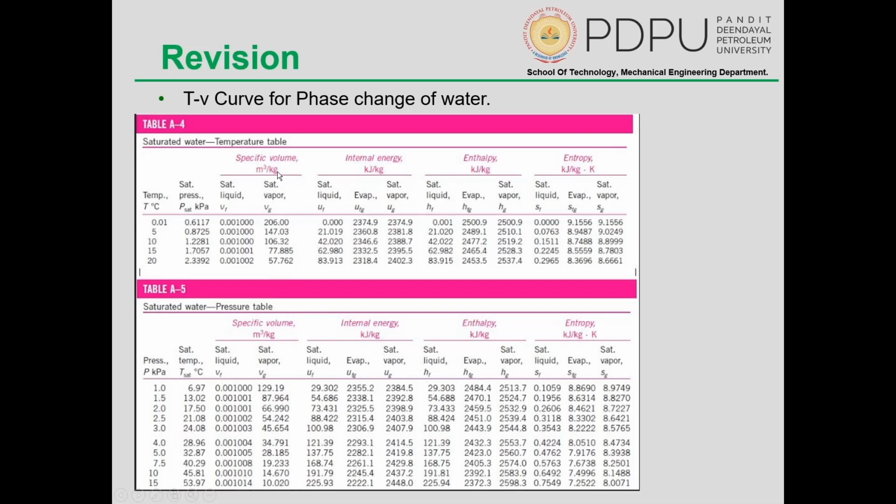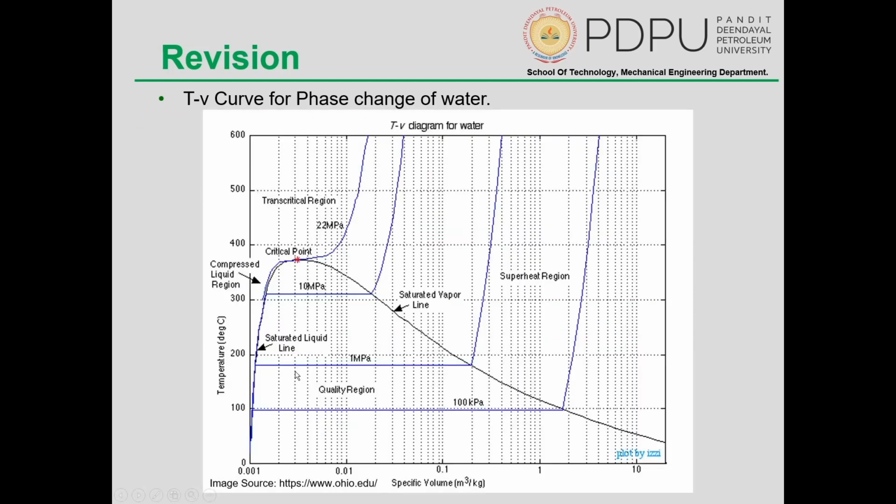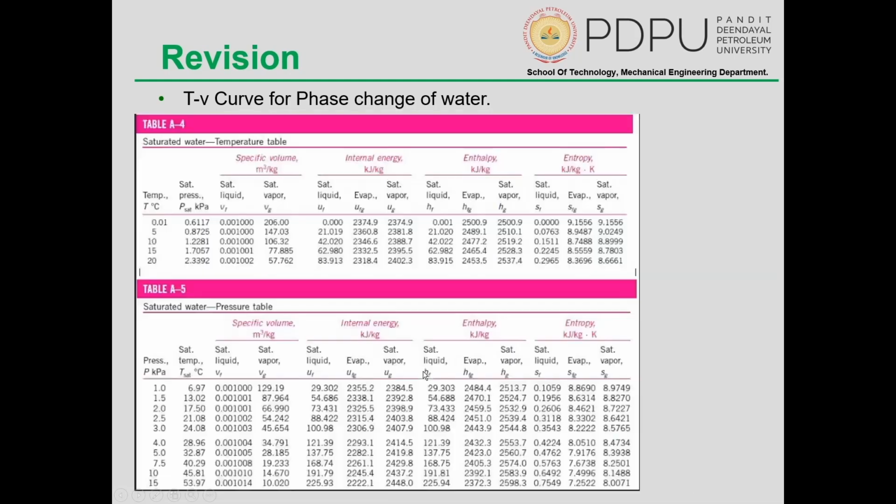In both we have specific volume, internal energy, enthalpy and entropy. And how do we find the particular properties? We require either pressure or temperature. Since we saw previously that in the dome section the constant temperature line and constant pressure line coincide, either pressure or temperature is required.